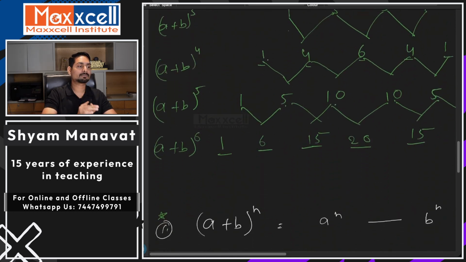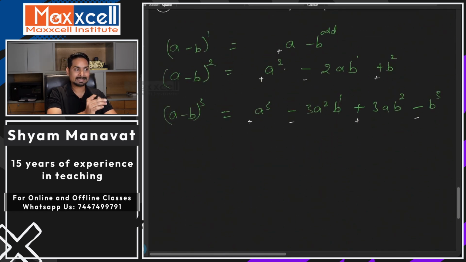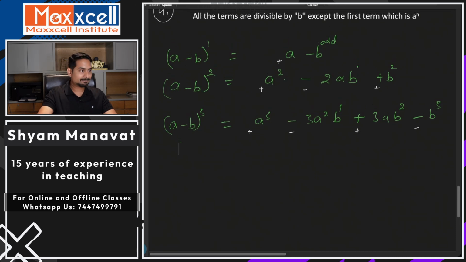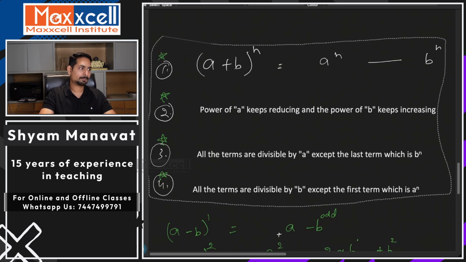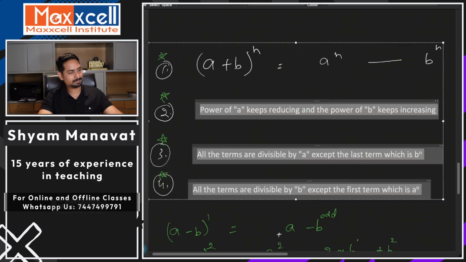The only difference will come here is the negative and positive sign, because we got A minus B. So all these properties will be same for A minus B whole to the power n. Pascal triangle will be same, everything will be same.